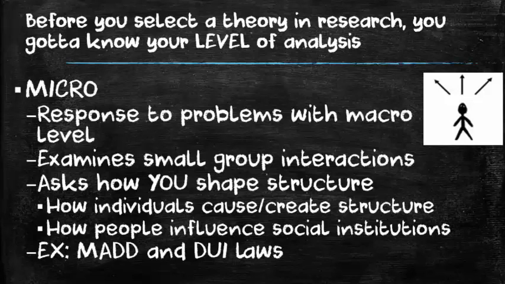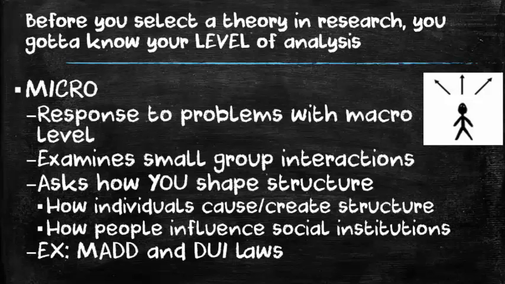But as you start to do sociological research, you have to know which one of these levels of analysis you're working at. Are you collecting big data sets, and are you attempting to figure out how the structure is influencing individual behavior or small group interactions?